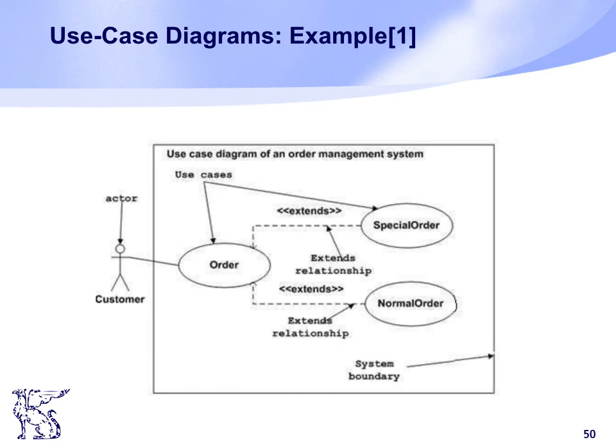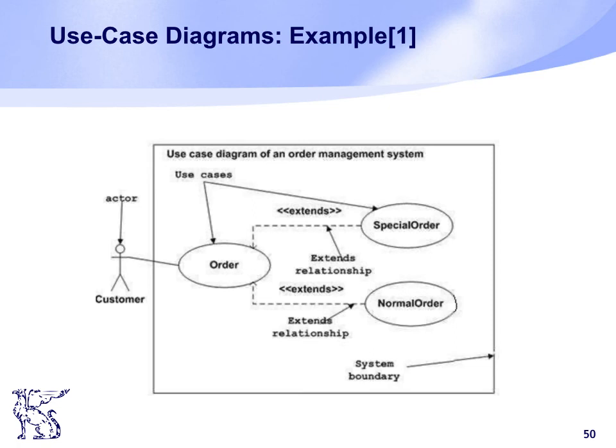So now I will show you an example of a use case diagram. I hope you remember the ordering system or order management system. I have shown you the class diagram of the order management system, and the object diagram of the order management system. So this is the use case diagram of the order management system.